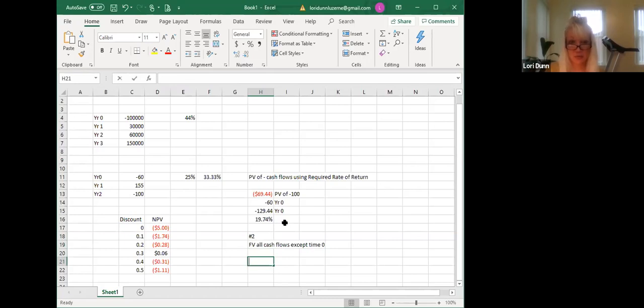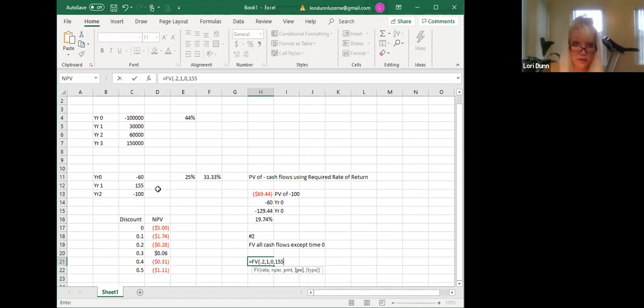But now we'll find the future value, and we're going to use a 20% discount rate again. In one period, we want to find the future value of 155.